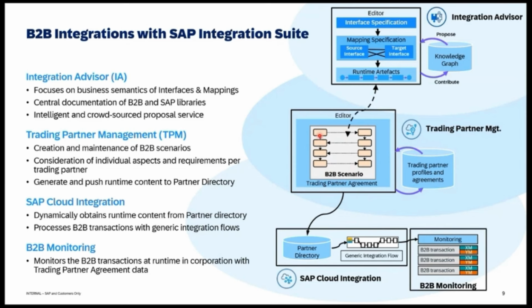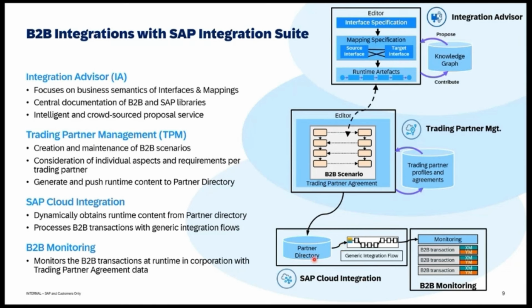Here you can assign the sender and receiver communication channel which you have created in the trading partner management, and you can also assign the MIGs and MAGs that you have created for each trading partner across each message type such as orders, invoice, etc. Now, once the trading partner agreement is activated, the trading partner configurations are pushed to the partner directory on SAP Cloud Integration.